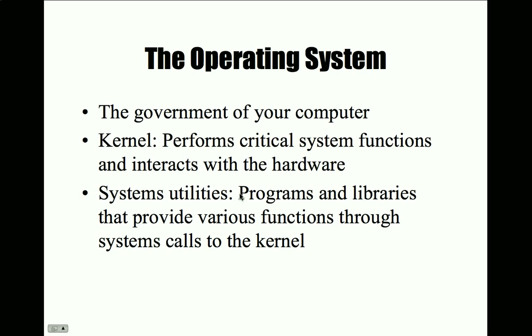And we'll see how the rest of the operating system interacts with the kernel. And then we have system utilities. Those are programs and libraries that contain commands or programs with different functions that can be used to interact with hardware through the kernel and do different things that we'll see later.